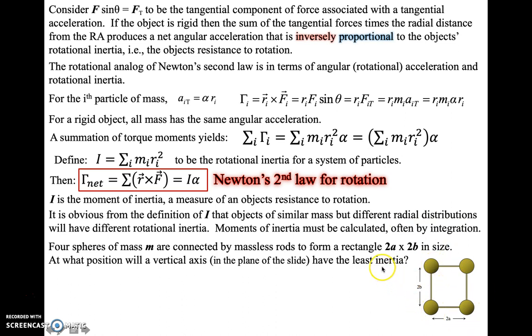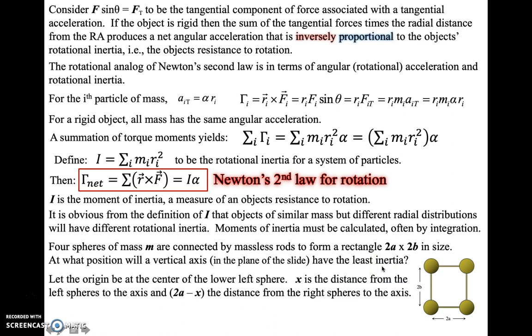And I want to know where could I draw it that would result in the least inertia. A simple question. So we're going to let the origin be at the center of the lower left sphere. So the lower left sphere is 0, 0, and the one directly above it is x equals 0 but y equals 2b, and the one to the right is y equals 0 and x equals 2a.